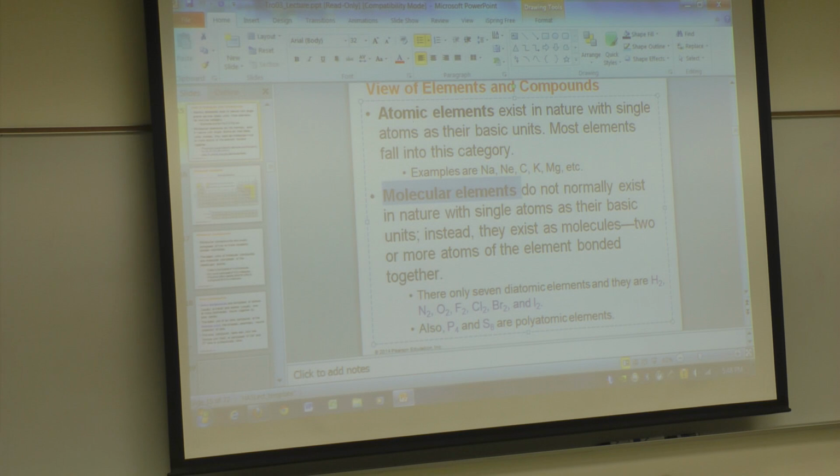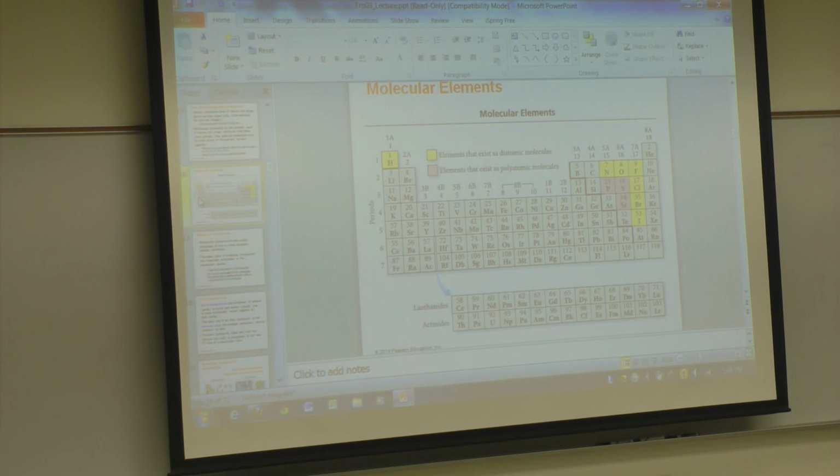Molecular elements do not normally exist in nature as single atoms, but some of the gases that we're quite familiar with, for example, hydrogen, nitrogen, oxygen, exist as diatomic gases. So are phosphorus P4 and sulfur as S8, polyatomic elements.